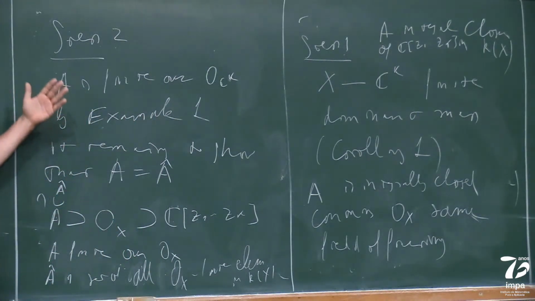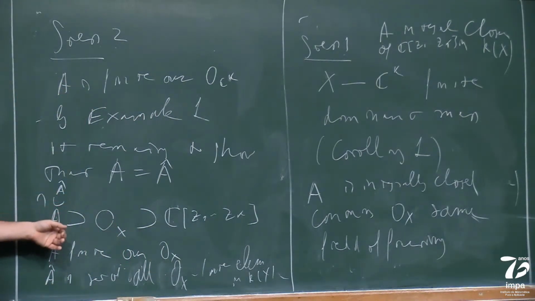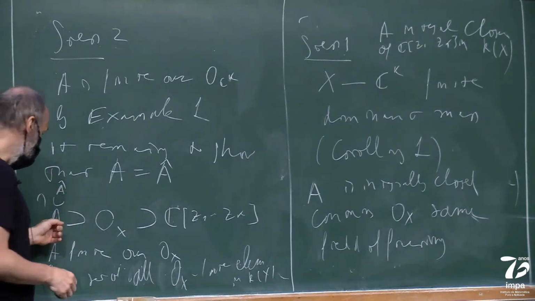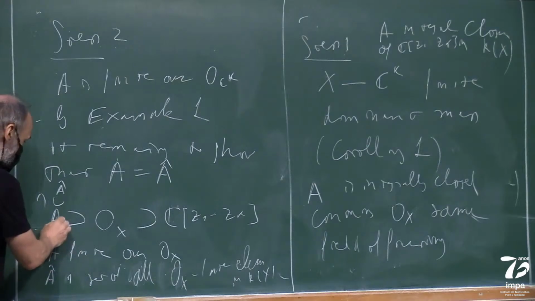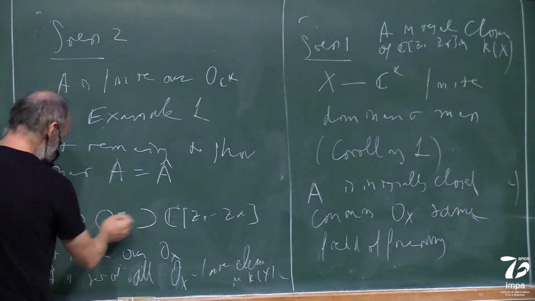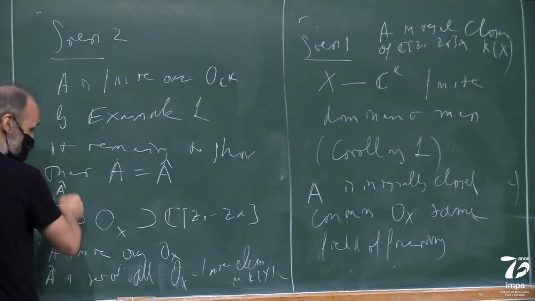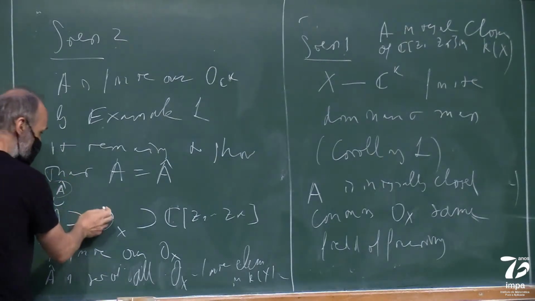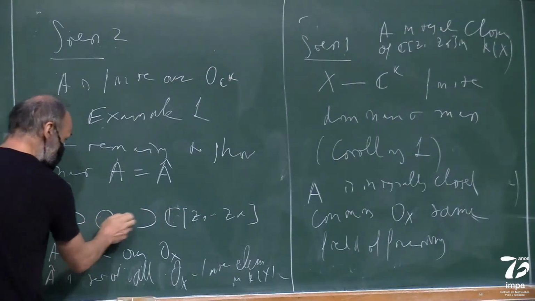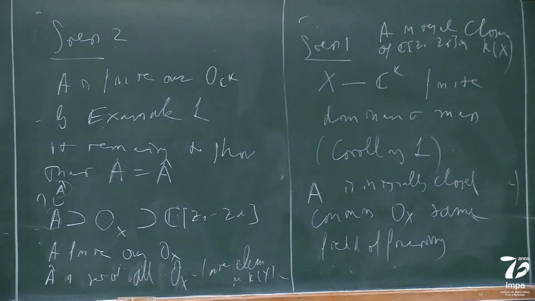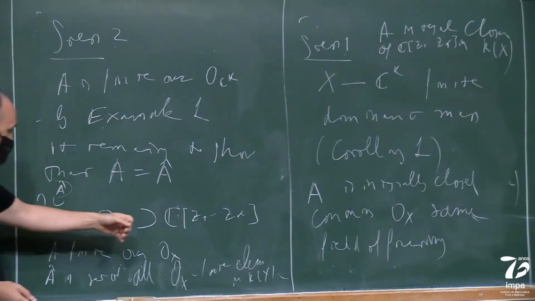So one of them is for free, contains another. And the opposite inclusion follows because all elements in A hat are finite over this, and all elements of A are finite over this. So A is all elements in the field of fractions which are finite over this ring.